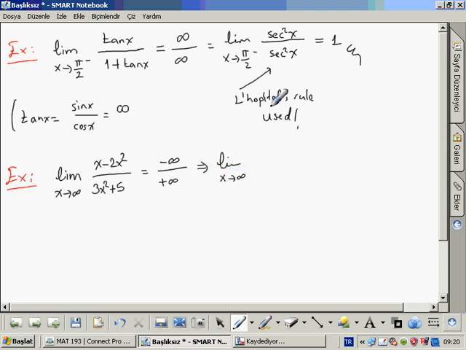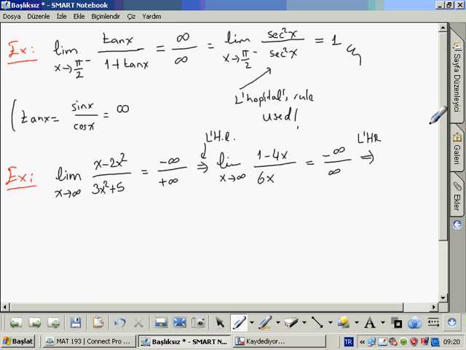We can now apply the L'Hopital rule again. The limit as x goes to infinity, and the numerator part will be 1 minus 4x, and the denominator part will be 6x. After that it's equal to minus infinity over plus infinity again, so here is the L'Hopital rule again, twice, and maybe 3 times, maybe 4 times.